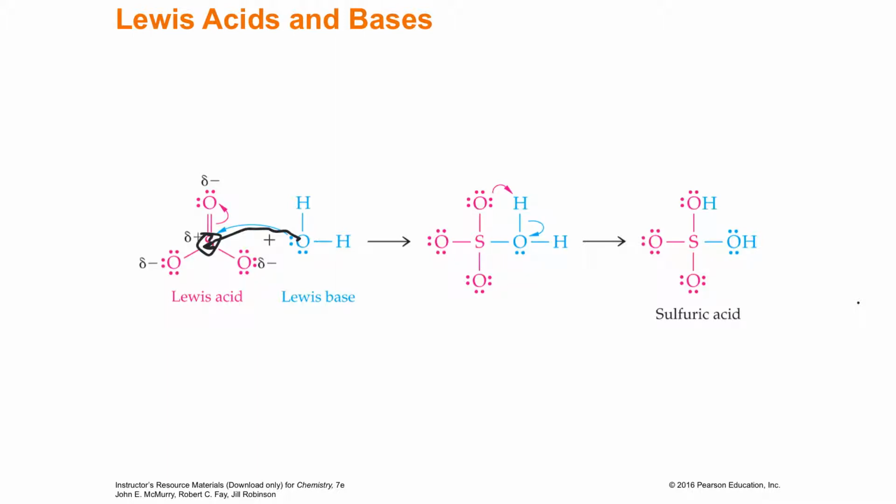It's basically attacking it, and if it attacks it, it can grab and form a bond. And that bond then can reconfigure electrons, and you can end up with something like sulfuric acid. That's one mechanism of making sulfuric acid, using this idea of electron pair acceptor and donor. So it's very useful, and it's a kind of a broader, wider definition than the others.